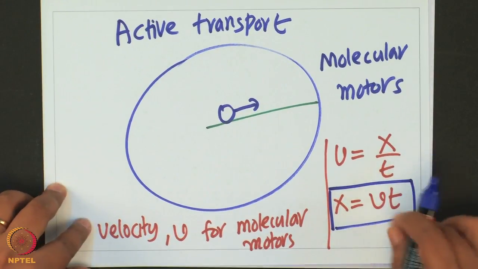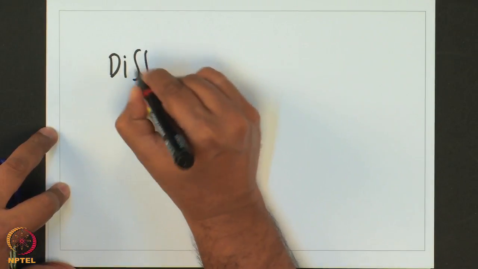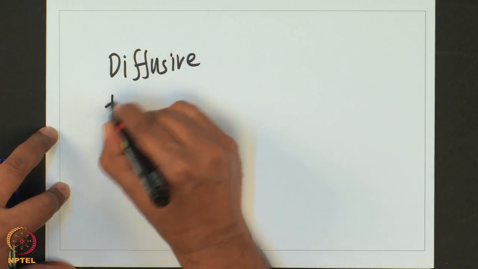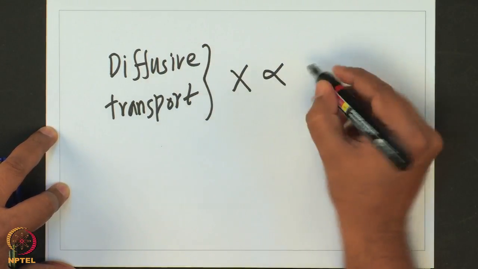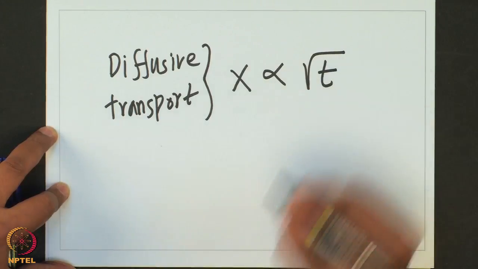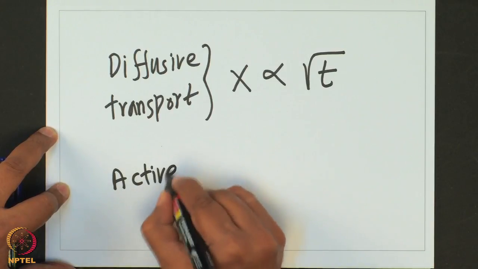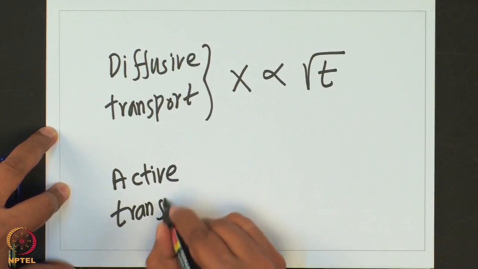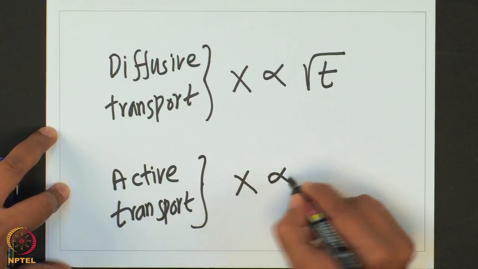So let me contrast active transport versus diffusive transport. In the case of diffusive transport of protein, what we learned is x is proportional to root time. And in the active transport, where the transport happens because of either some external force or molecular motors, x is proportional to t.